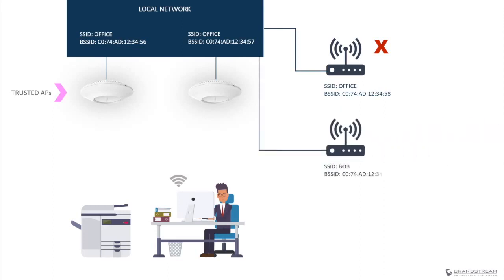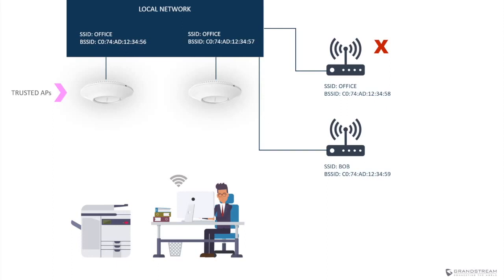Oftentimes, you see employees install a rogue access point in the enterprise network to have unrestrained Wi-Fi access for their personal devices, and usually with no authentication or encryption, which can pose a security threat to the wireless network.